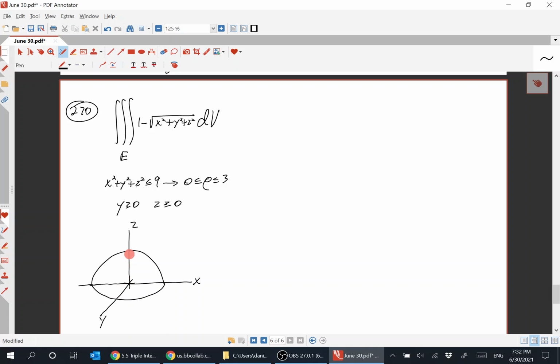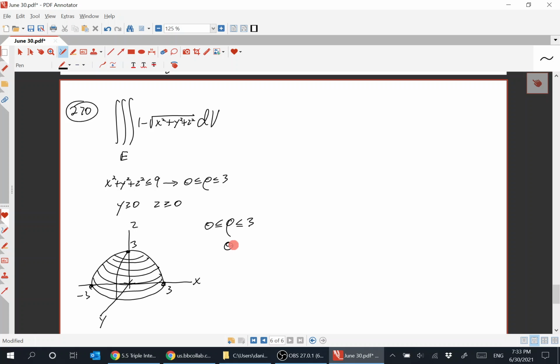Right, so like if you sectioned an orange into 4s. Okay, so this is 0 less than or equal to rho less than or equal to 3.